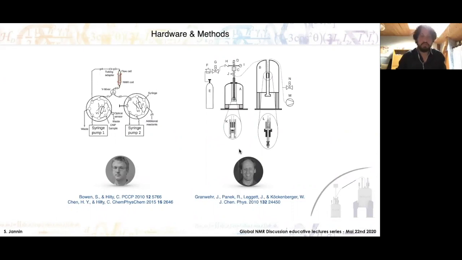I may have missed a few, but Sean Bowen and Christian Hilty have worked on an automatic injector with a syringe pump and with some valves that are borrowed from the HPLC. And there's also one reported by Walter Kockenberger. I think there's also one by Lucio Frydman that I did not cite here, but a few groups have been working on trying to improve this transfer and injection.